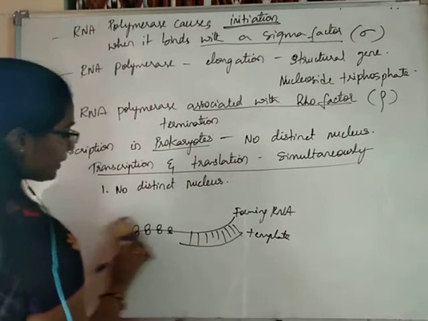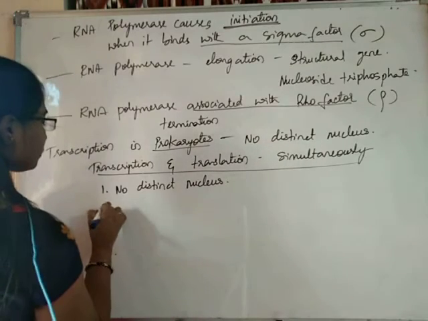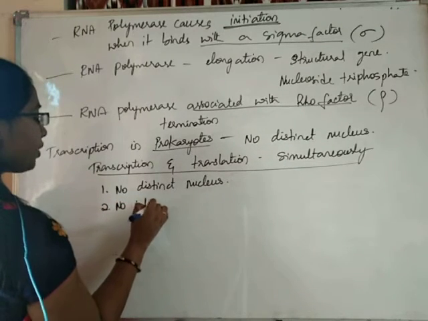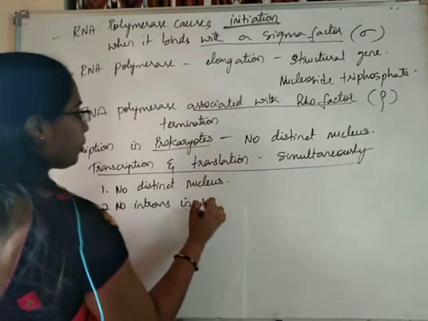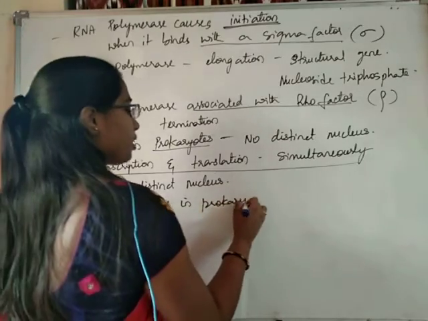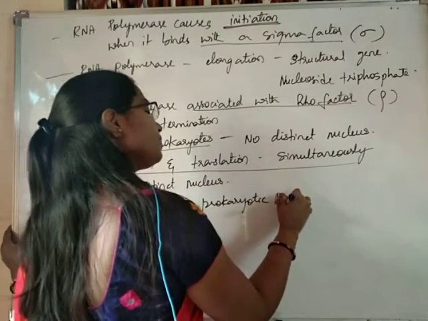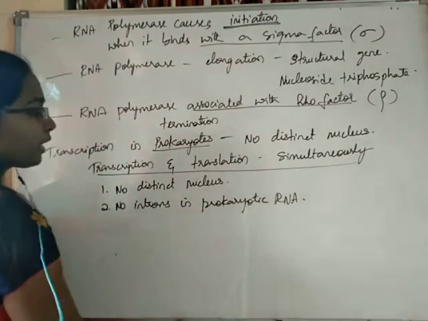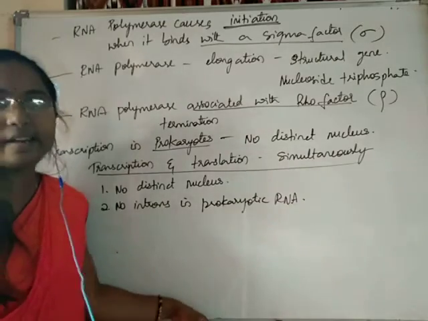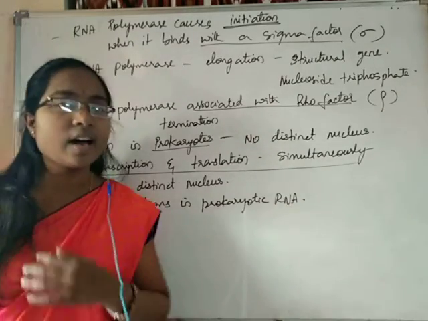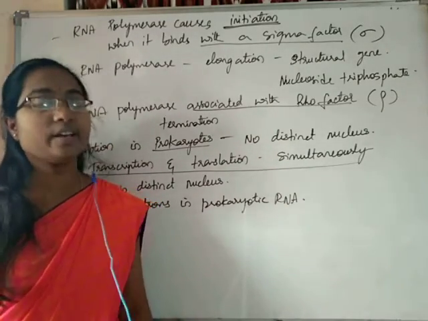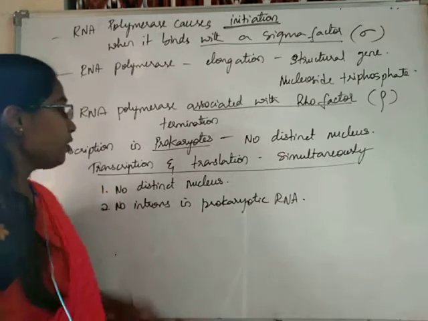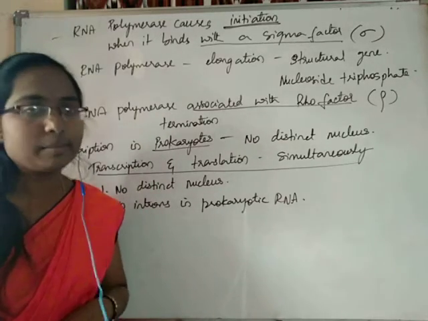The second reason is that there are no introns in the prokaryotic RNA. Prokaryotic RNA does not contain any introns, so the entire RNA can be translated. That is the other reason why translation and transcription are occurring simultaneously.